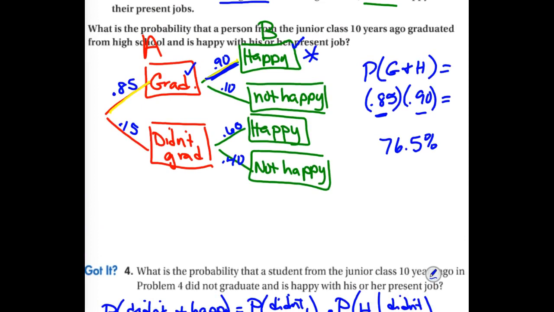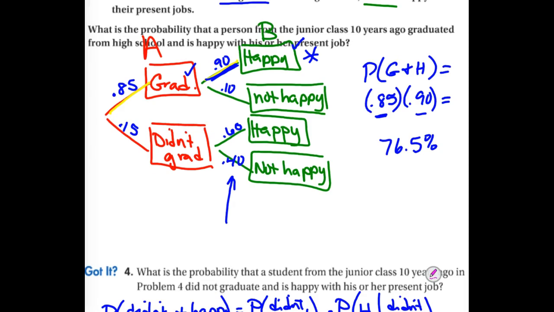So your second branches, in this section, these are the conditional ones, right? Because we already have gone out one branch. We already know if they graduated or they didn't graduate. That's the given piece, right? Then we're getting out to the second event happening. Does that make sense? So we want to go which route?